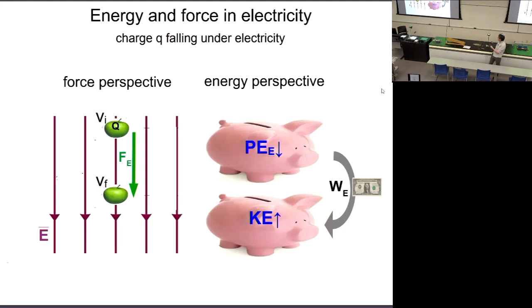And from the energy perspective, as the charge falls under electricity, electrical potential energy is being converted into, turned into moving energy, kinetic energy. We're not losing any, we're not gaining energy. The electrical force is doing some electrical work and moving electrical potential energy into kinetic energy. The charge picks up some speed, the charge loses some of its store of electrical potential energy. So that's the energy perspective.